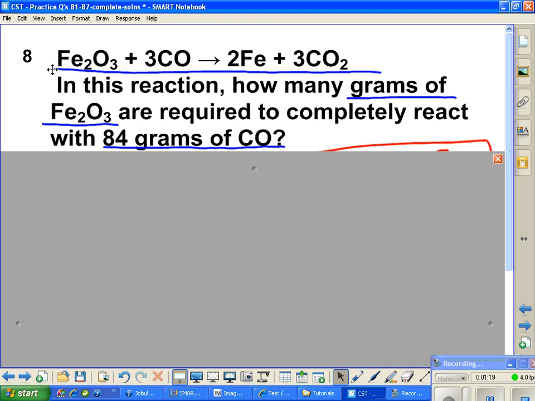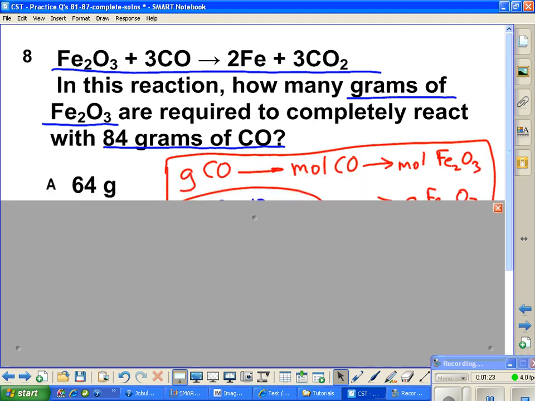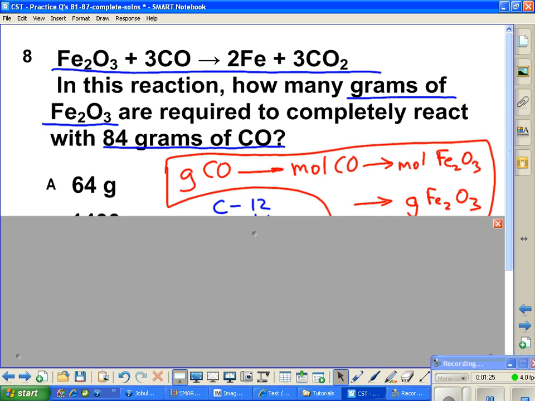So let's do a map of the thinking we've got to go through to make this work. That involves starting out with grams of carbon monoxide. We need to change to moles of carbon monoxide. Okay, the same stuff. We're going to use the mole ratio to get us to moles of iron 3 oxide.